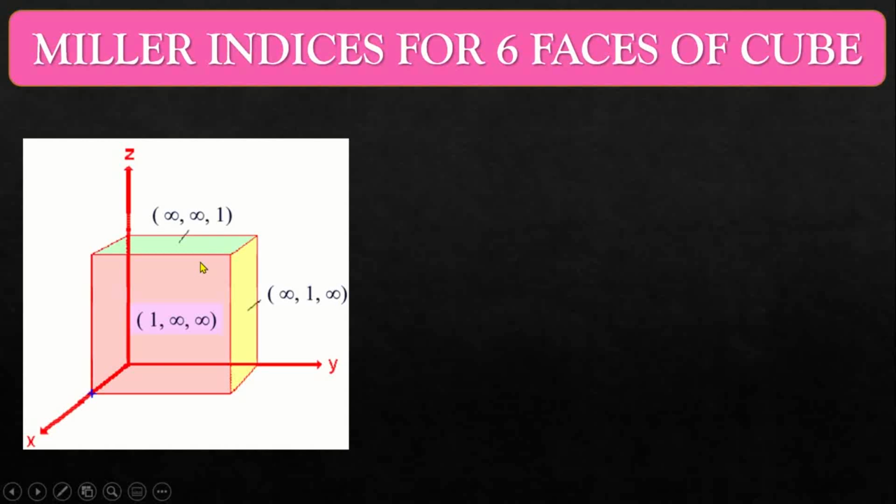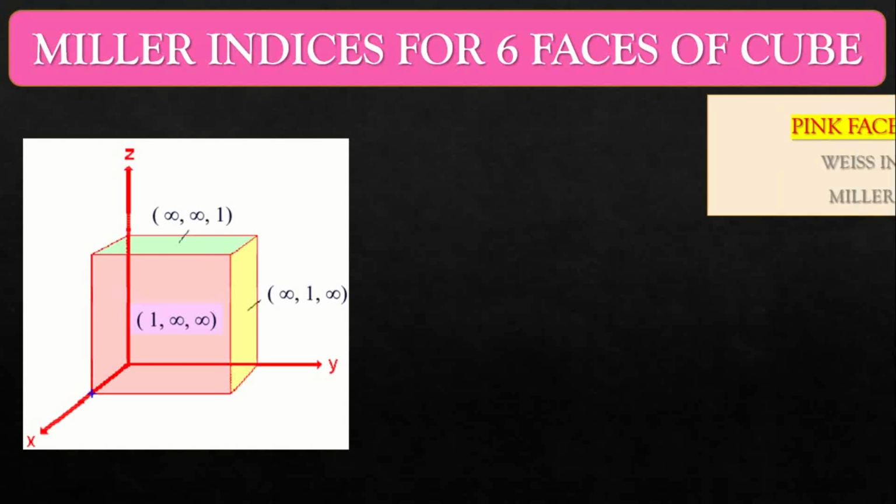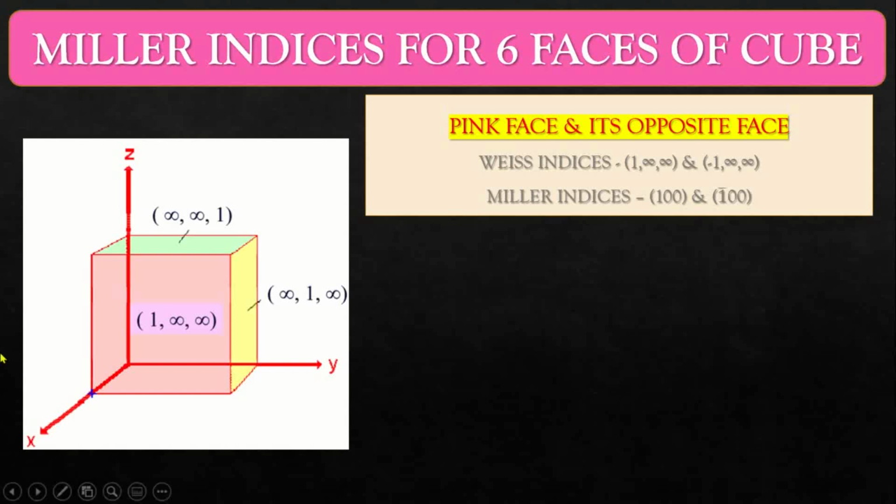Let us first of all see the Miller indices for the pink face. The pink face, as you can see, is clearly making an intercept on the x-axis. So the unit intercept made by it can be represented in the form of Weiss indices, that is 1.